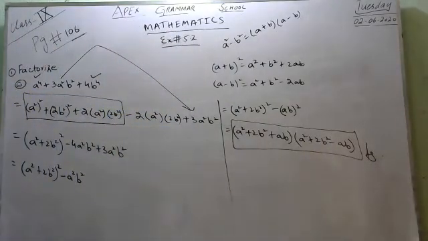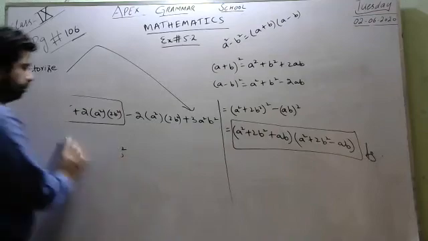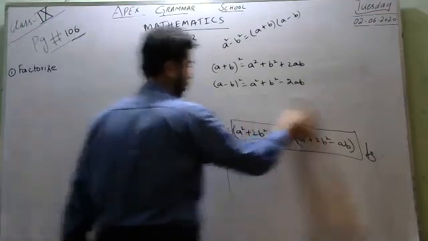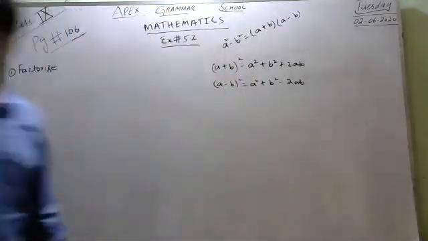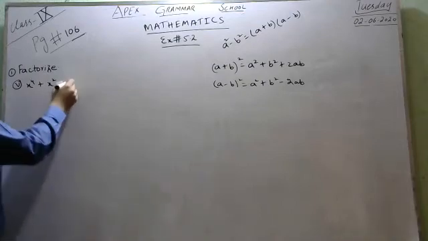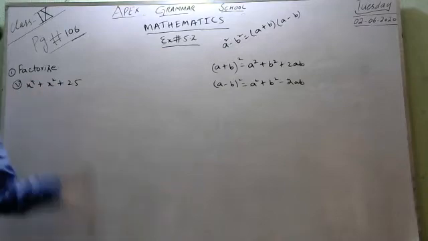After that, we will solve part number 5: x⁴ + x² + 25. First, you have to take common. If there is anything common here, you can see that there is nothing common.